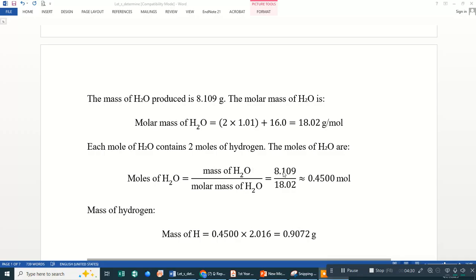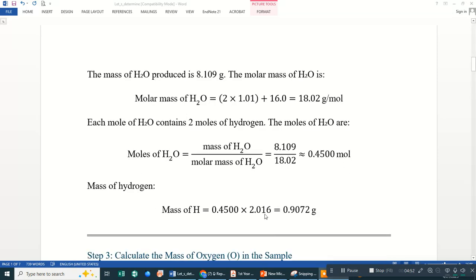Mass of water is 8.109 gram, divided by 18, the molar mass of water, gives 0.45 moles. We know that water has 2 hydrogens. One hydrogen has atomic mass 1.008, so 2 hydrogens have a 2.016 molar mass.